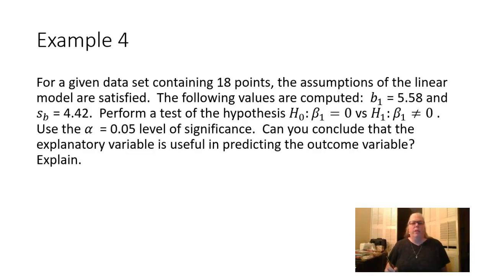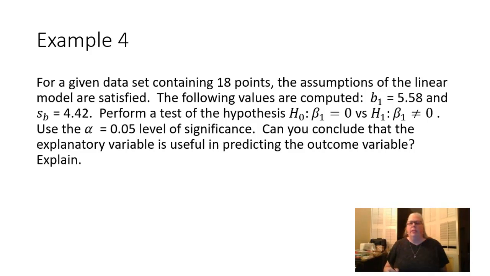Example 4. For a given data set containing 18 points, the assumptions of the linear model are satisfied. The following values are computed. The slope, b sub 1, is 5.58, and the standard error for the slope, s sub b, is 4.42. Perform a test of the hypotheses.